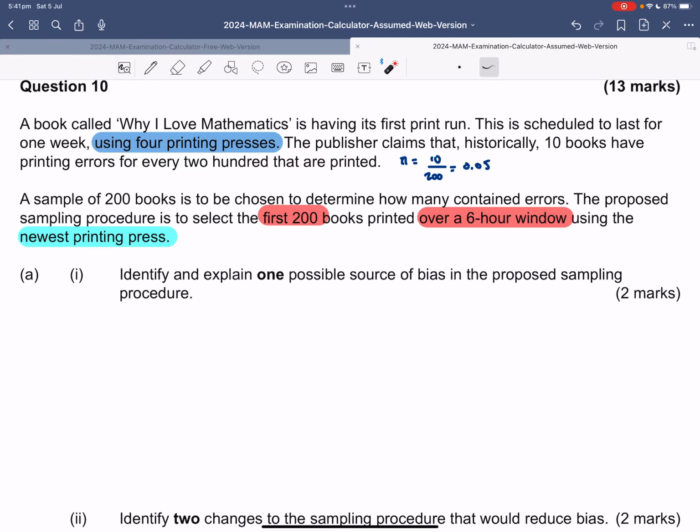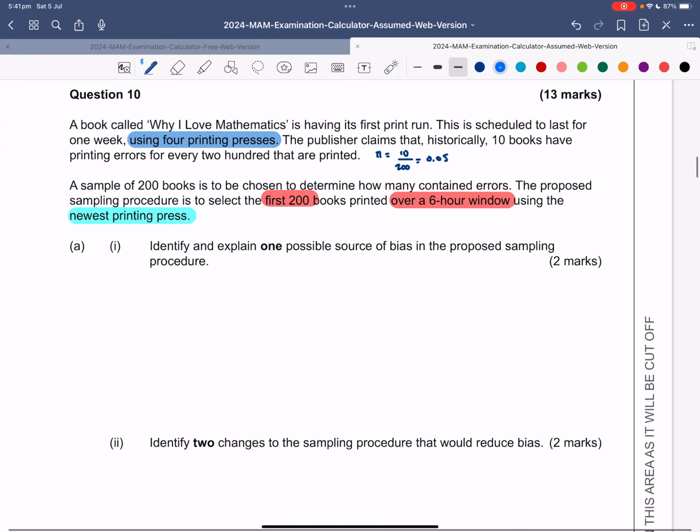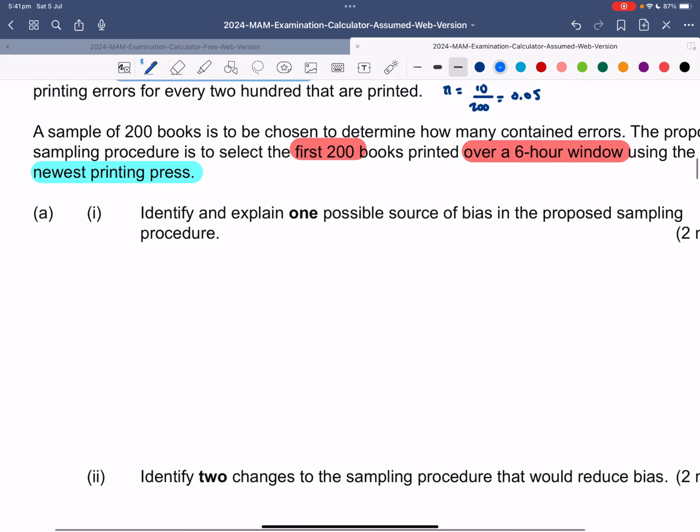Okay, so effectively identify and explain one possible source. Oh, you only had to discuss one source of bias.